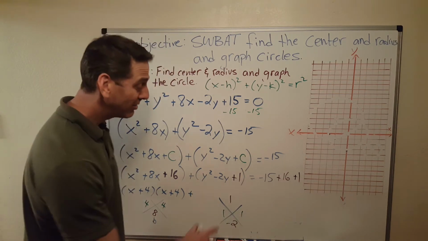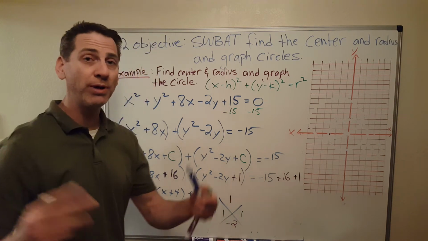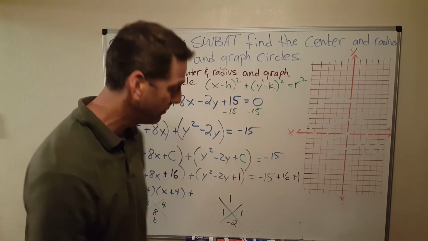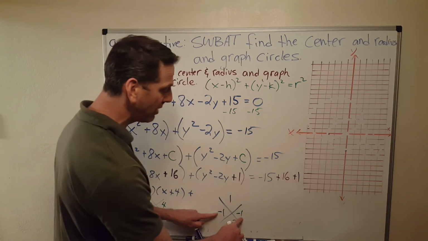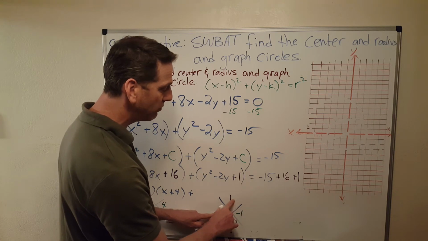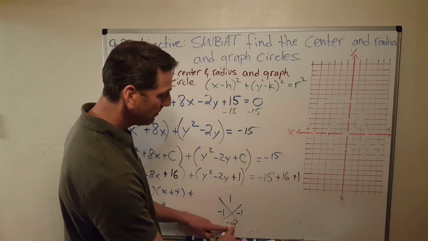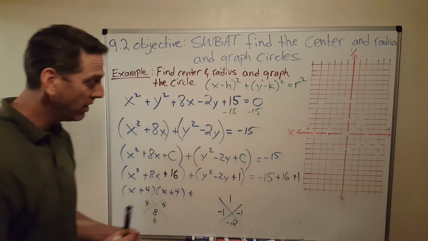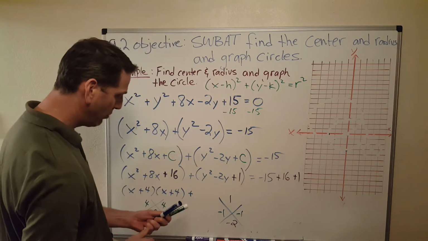But there's two ways to get a positive number by multiplying. You can multiply two positives or you can multiply two negatives. So I'm going to try multiplying two negatives. So negative 1 times negative 1 is positive 1. Negative 1 plus a negative 1 is negative 2. Bingo. So there are my two magic numbers.